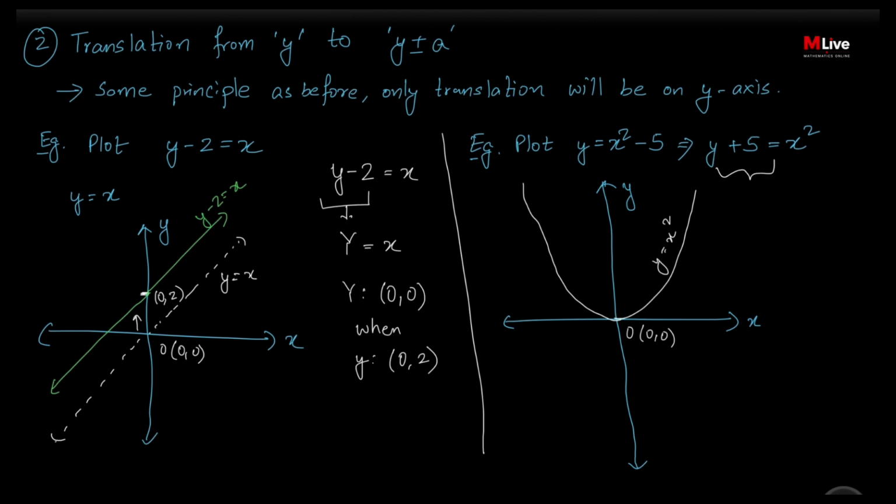So y plus 5 will be capital Y is equal to x squared now. Capital Y becomes 0 when small y goes to minus 5. That's easy to see. So clearly the origin point has to move downwards to 0, minus 5.